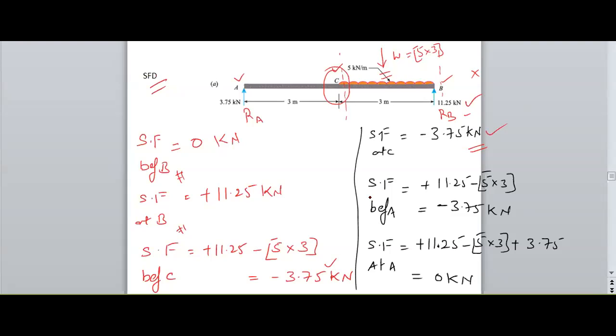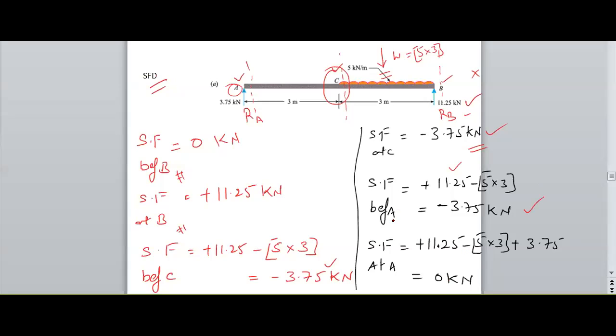Next, shear force before A. Next point I need to shift for the A. So here the right hand side forces are RB and a point load only. RB value is 11.25 which is moving upward direction and 3 into 5 which is moving downward direction. The same value will be existing.